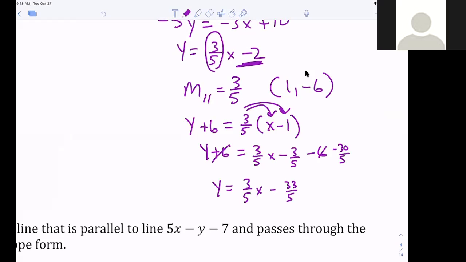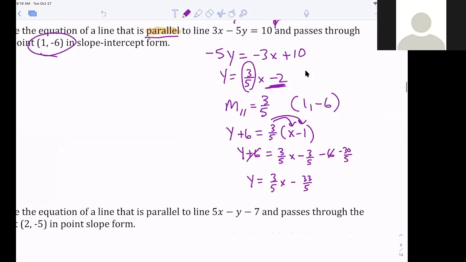That's the correct answer. Right? You're subtracting 6, right? That's right. I did that on my calculator. What did you get? I got 27 over 5. You just didn't do the negative 3/5.